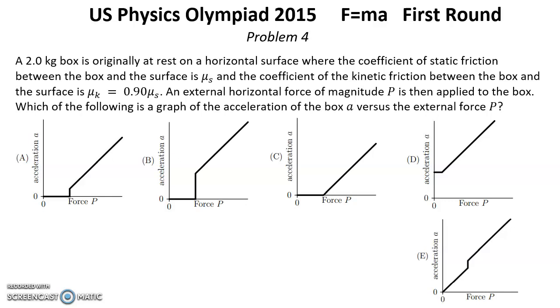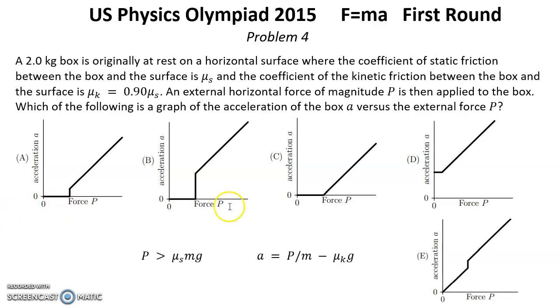Solution. The block will not move until the force exceeds some amount, which is given by this formula. And when the force reaches this amount, the friction will discontinue and the acceleration will jump according to the formula acceleration equals this amount. It means that acceleration will have a jump at this point.